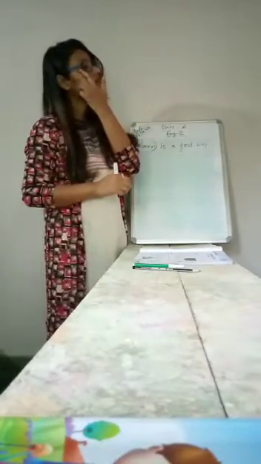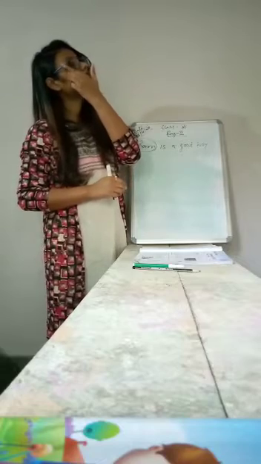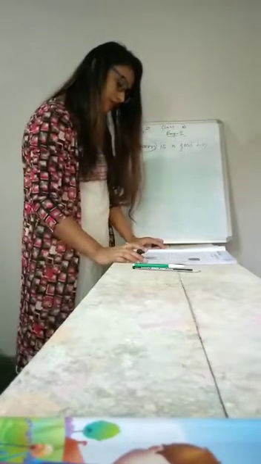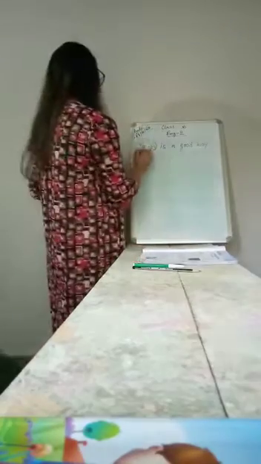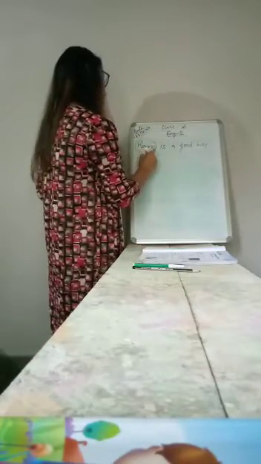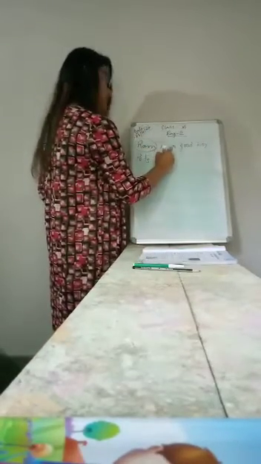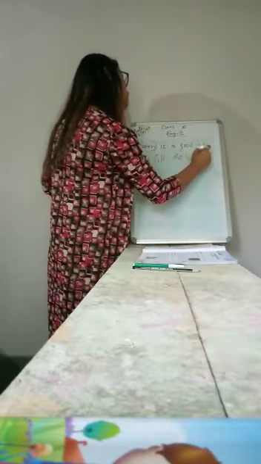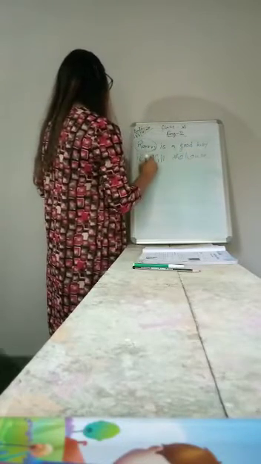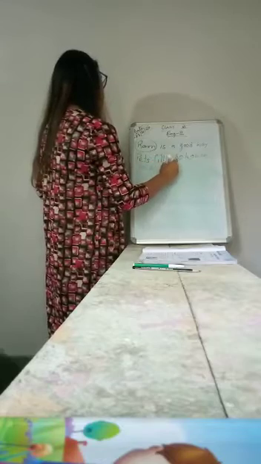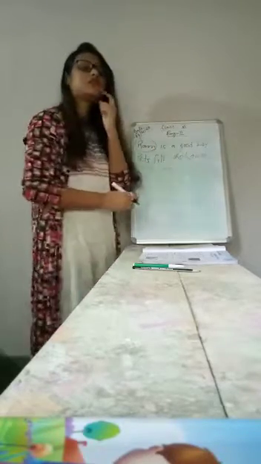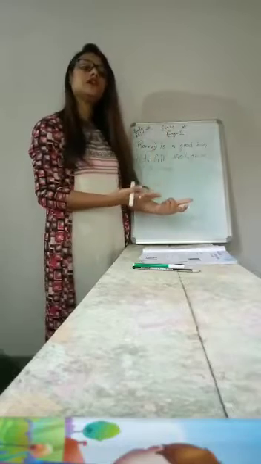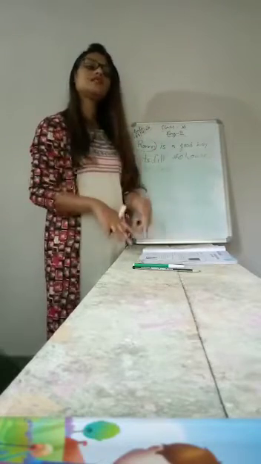Then suppose, for example, here: Pets fill the house with love. So in this sentence, it means when we have pets, our house fills with love, right? So who makes the house fill with love?